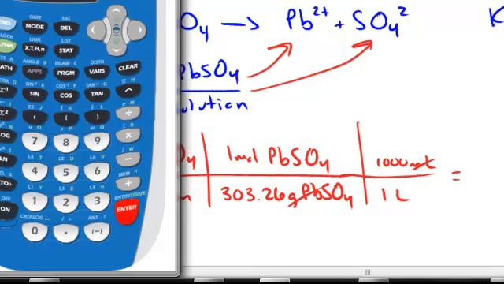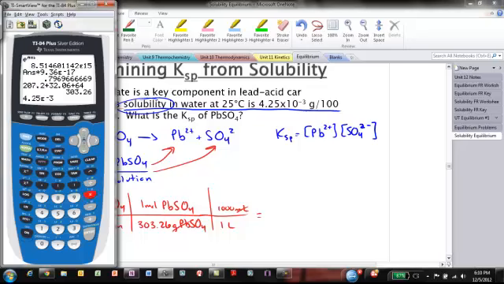So we're going to take the 4.25 times 10 to the negative third, times 1,000, divided by 100, divided by the 303, which is our answer in there.